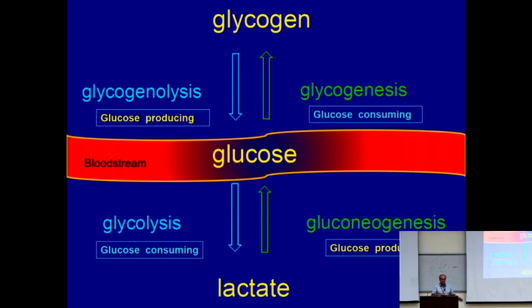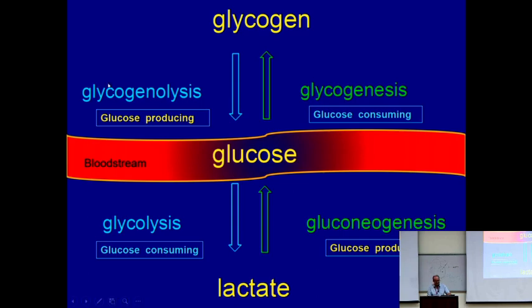So the body switches, if you want, specific tissues switch function in a way and start to produce glucose. How do you produce glucose? By breaking down whatever glycogen was stored in the first place.